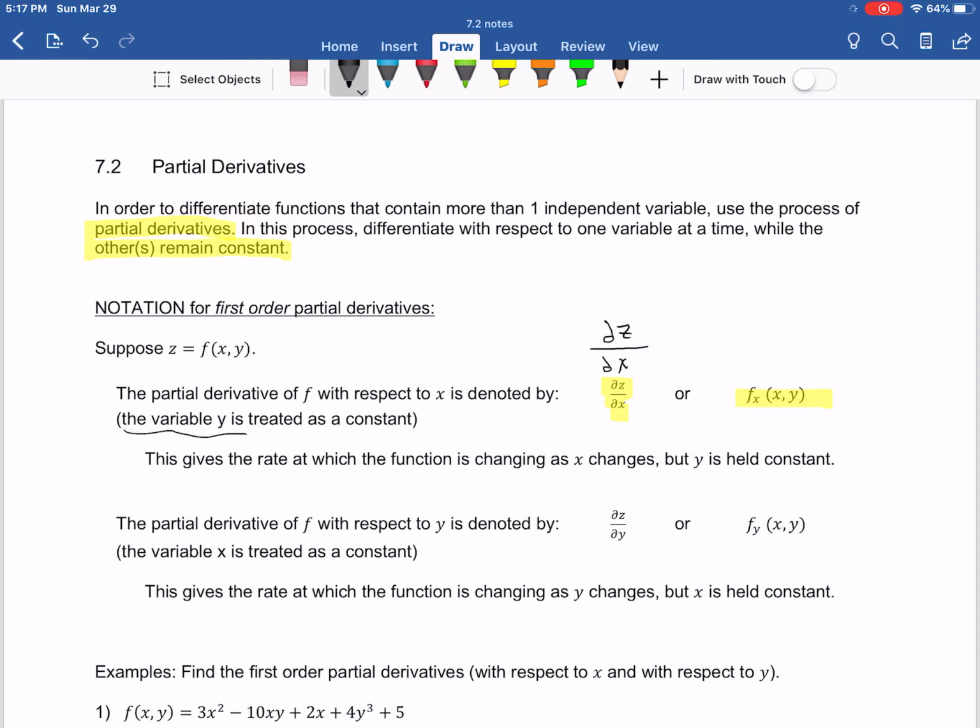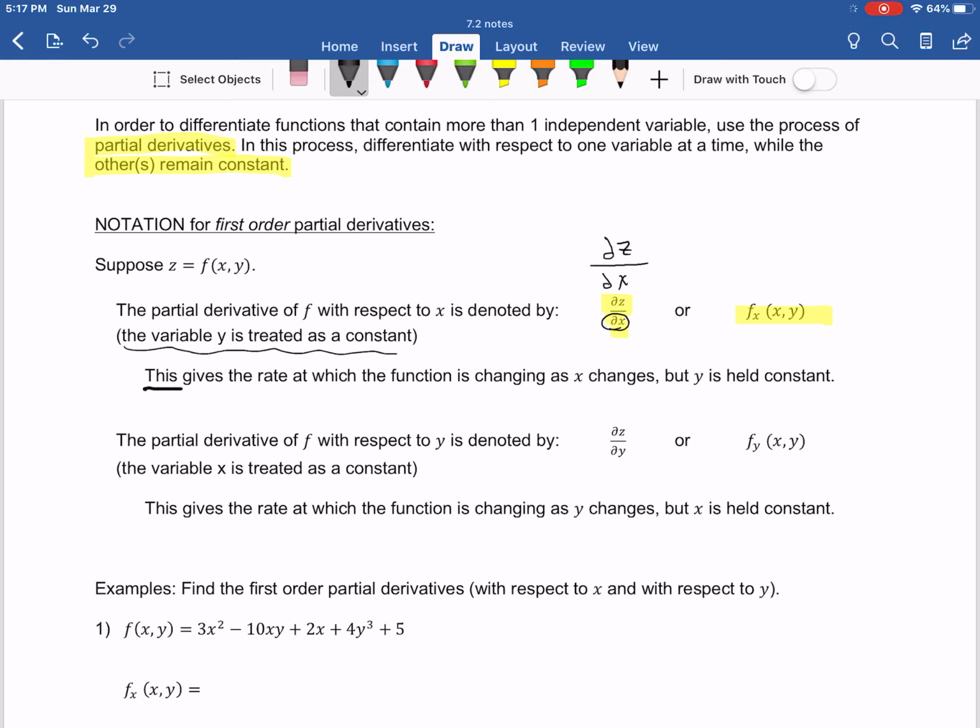The variable y, therefore, would be treated as a constant, right? Because your function is in terms of x and y. So the variable that's in the bottom of your differential expression tells you which is the variable, and that means that everything else is a constant and is treated as such when you take derivatives.